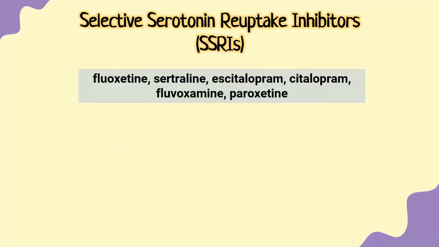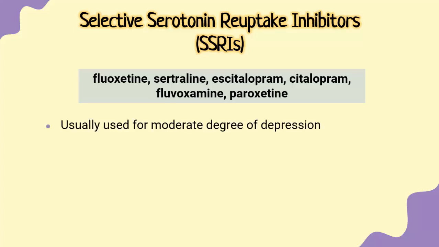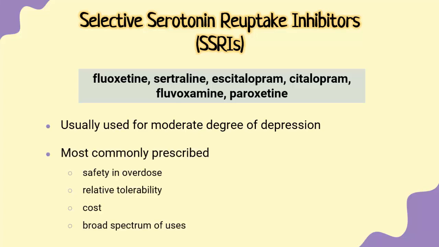Okay, so the first class of antidepressant is SSRI, selective serotonin reuptake inhibitors, and the examples are like fluoxetine, sertraline, citalopram, and so on. SSRI is usually used for moderate degree of depression, and currently SSRI is the most commonly prescribed antidepressant because it is safe.